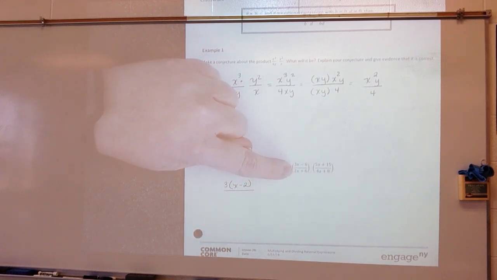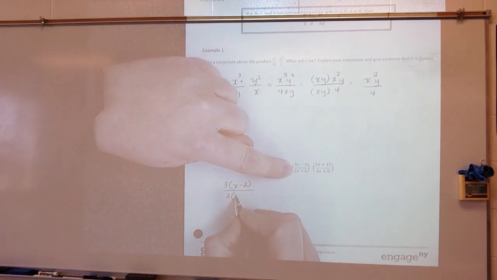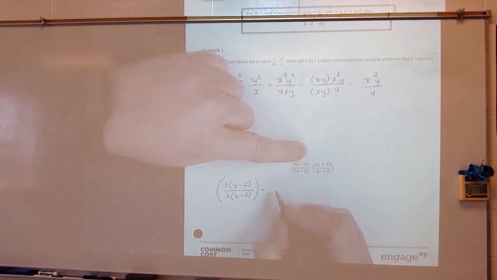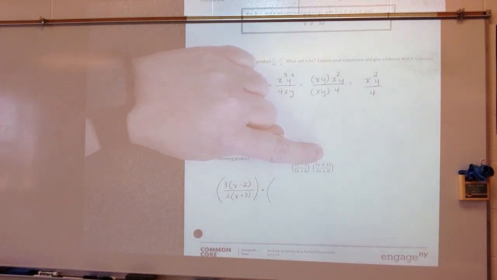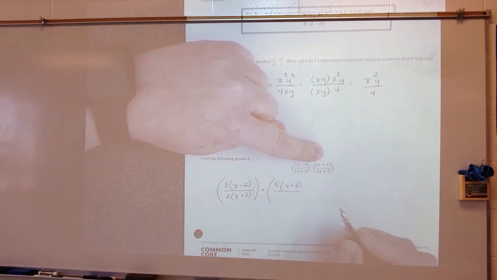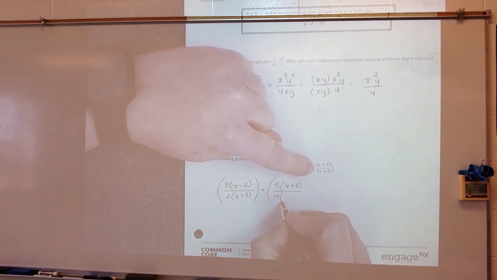Let's pull out a 2 from the bottom, and I get x plus 3. I can pull out a 5 on the top, and that gives me x plus 3. And I can pull out a 4 on the bottom, and that leaves me x plus 2.